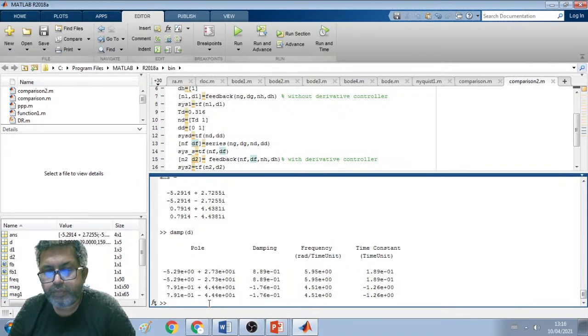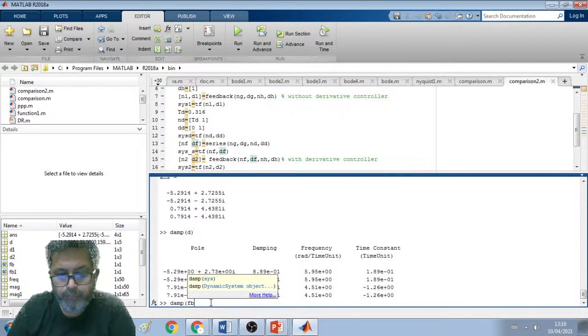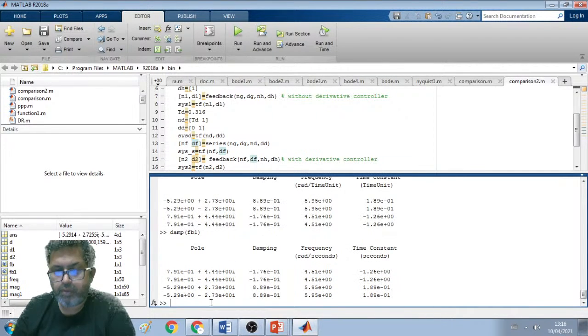Next, what was next? damp fb1. So you get the pole, damping, frequency in radians per second, and time constant for the different poles.